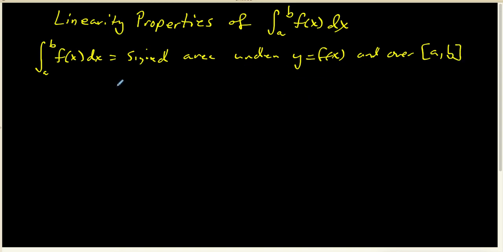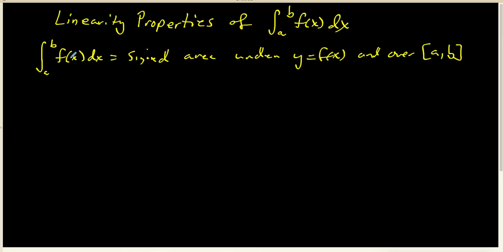Essentially, in this kind of notation, the f of x is representing the height of this piece of area, and the dx is telling me something about the width of the area.